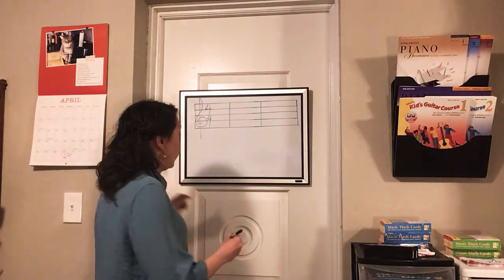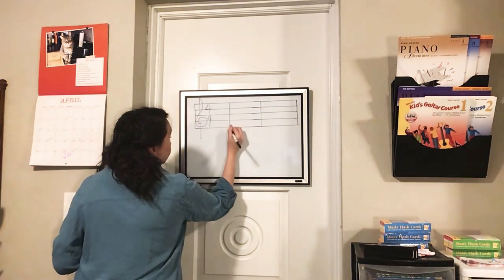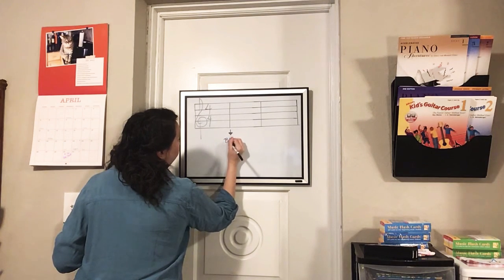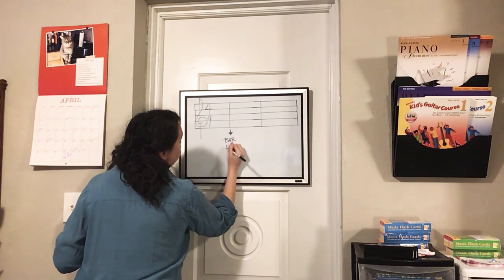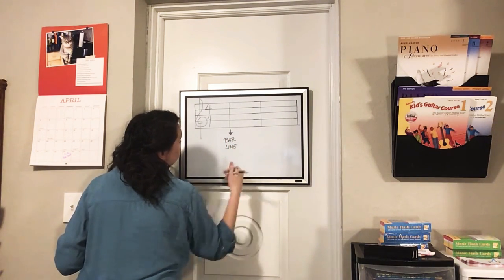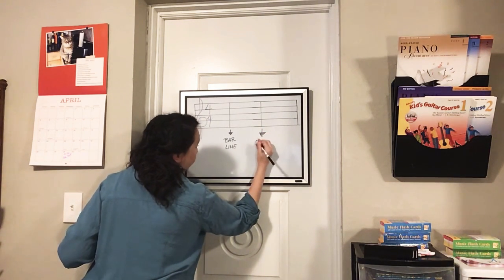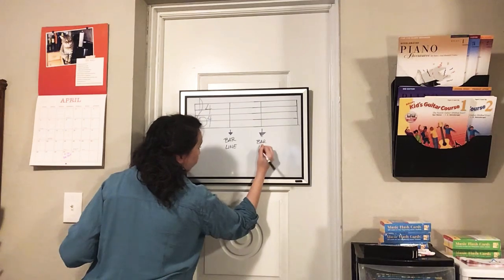These lines are called bar lines. So we've got bar lines. There's another bar line here.